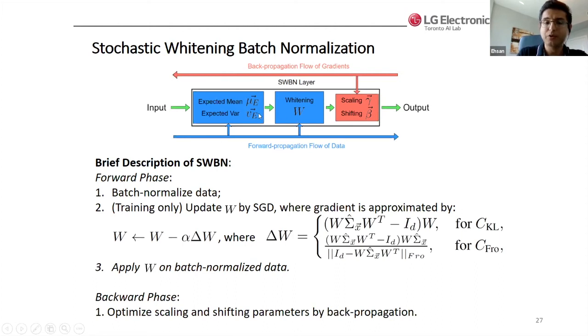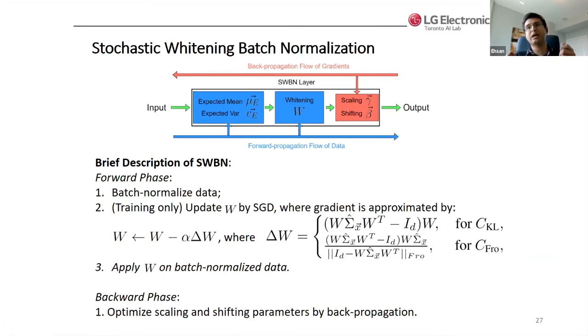After batch normalization, we apply this whitening matrix. But now the question is how to estimate this whitening matrix. We update W by SGD, where the gradient is approximated by the equations that we have obtained analytically.